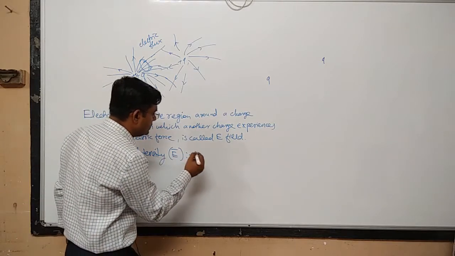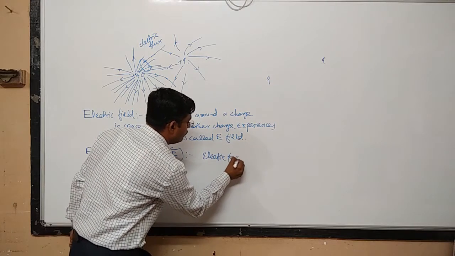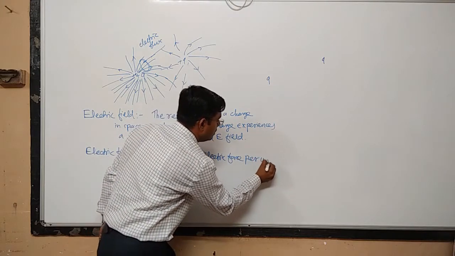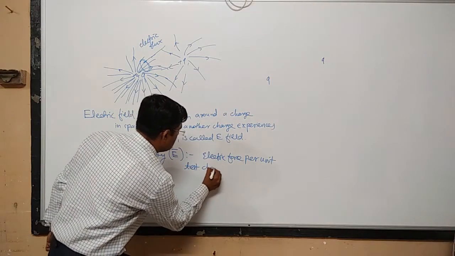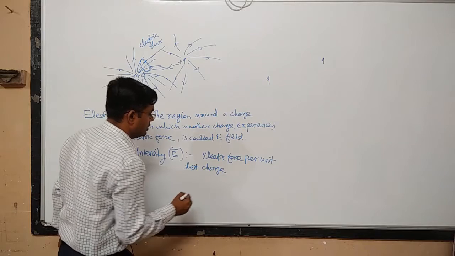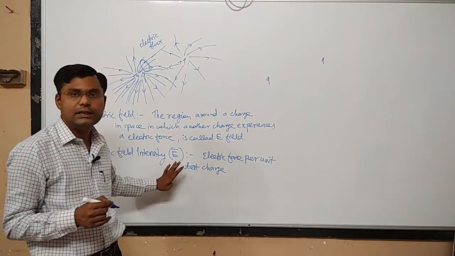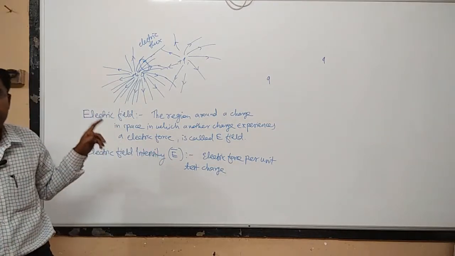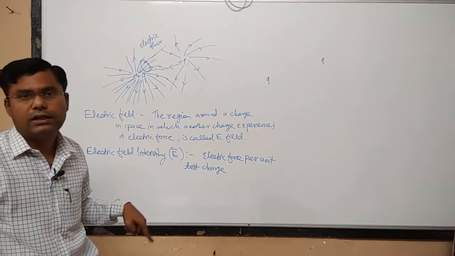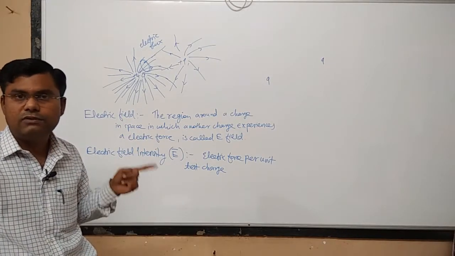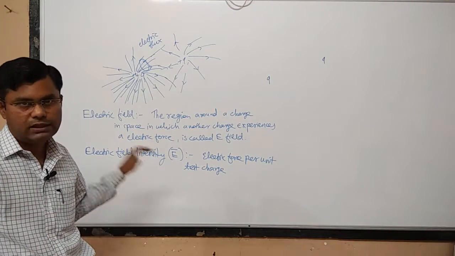The electric field intensity is defined as electric force per unit test charge, okay. Remember that electric field intensity is a vector quantity, because the electric force is a vector quantity. It has magnitude as well as direction, and therefore we call it a vector quantity.